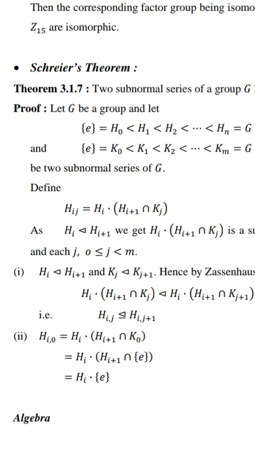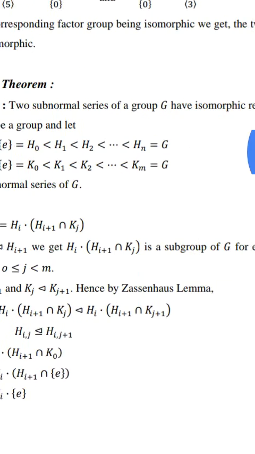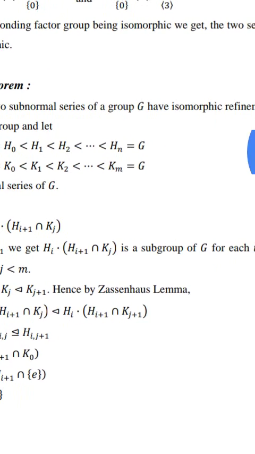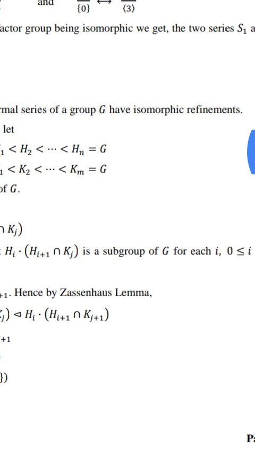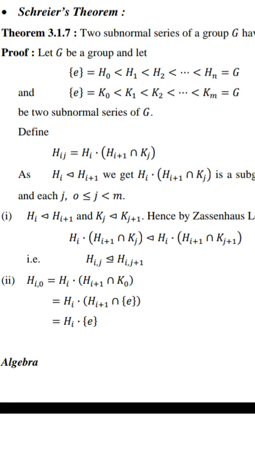Define Hij = Hi(Hi+1 ∩ Kj). As Hi is normal in Hi+1, we get that Hi(Hi+1 ∩ Kj) is a subgroup of G for each i and for each j.